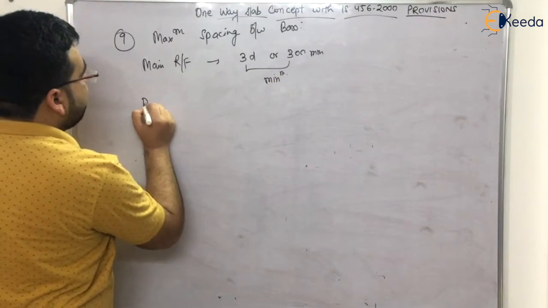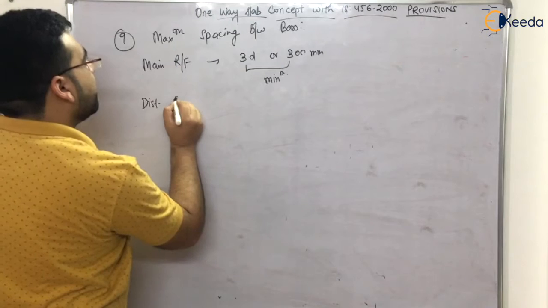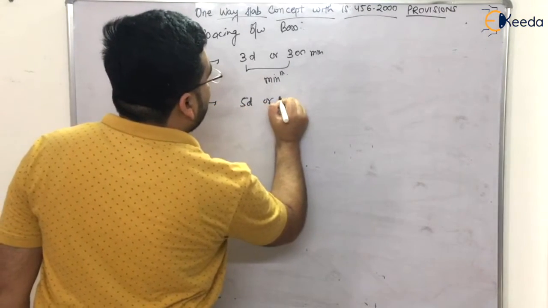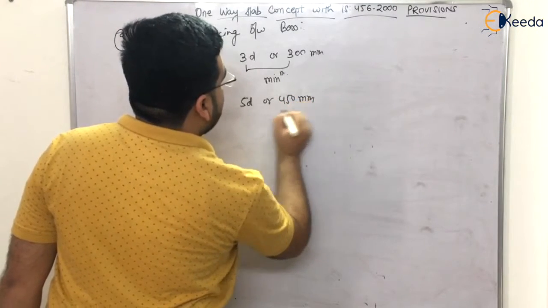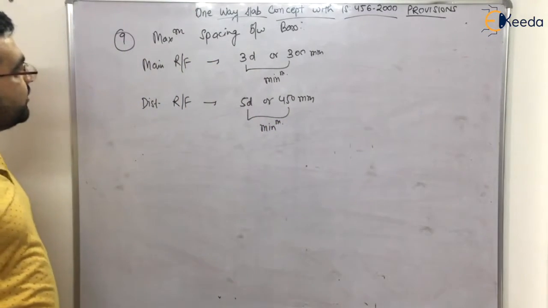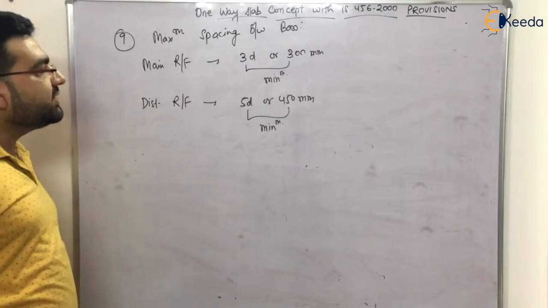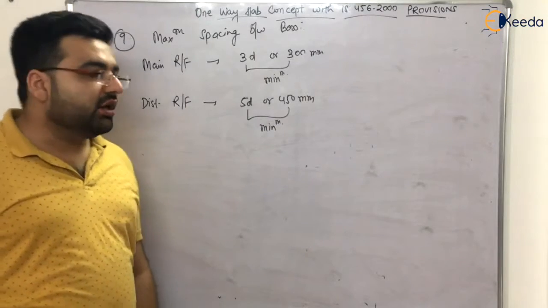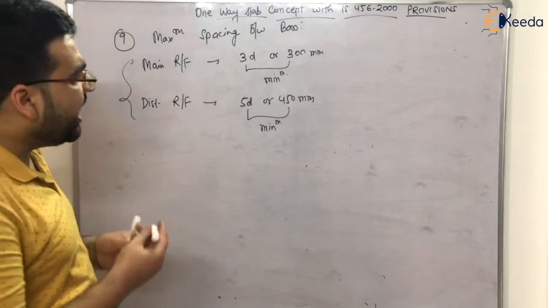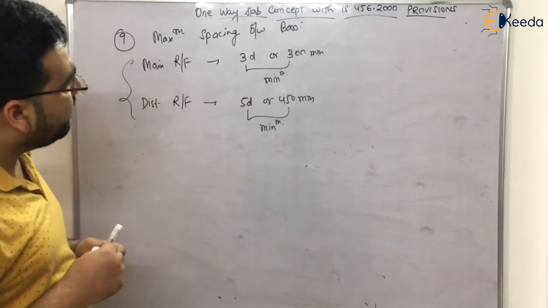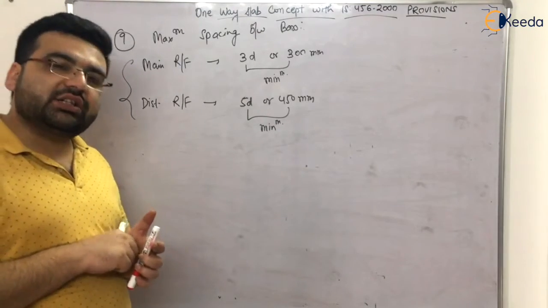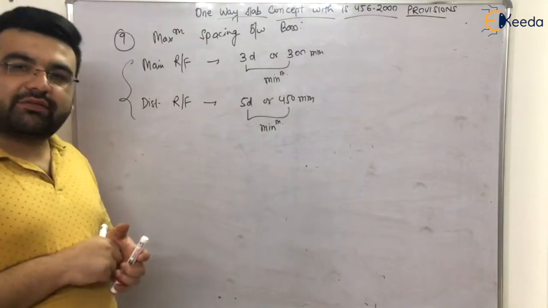And for the distribution reinforcement, it is 5D or 450 mm, whichever is minimum. So this is for the main reinforcement and this is for the distribution reinforcement. The question is, should I learn this? Yes, this is important, you should learn this. If you are remembering whatever I am teaching you, that is more than enough. You don't have to look at the codes and remember other things. Whatever I am teaching you is more than enough.